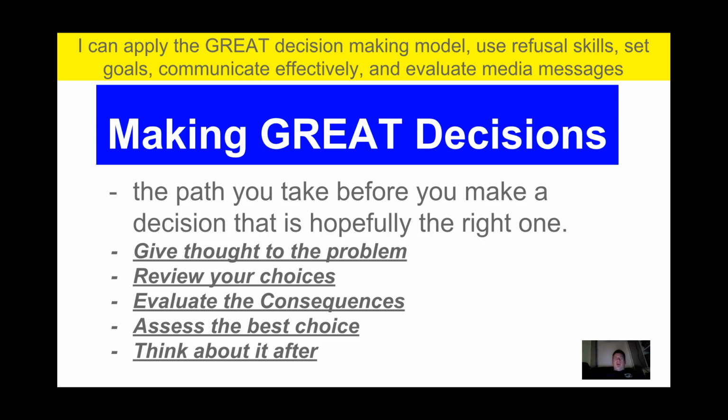Okay, so here we're getting into a few more of the ones that we will talk about a little bit. So communicating effectively. That one came up already, but this one's making great decisions, and GREAT is an acronym that has to do with the 5 things I have down here below, and we'll spend a little more time and detail as we go through that process in the next unit. So what kind of decisions are you making, and is there a certain process that you're going through?